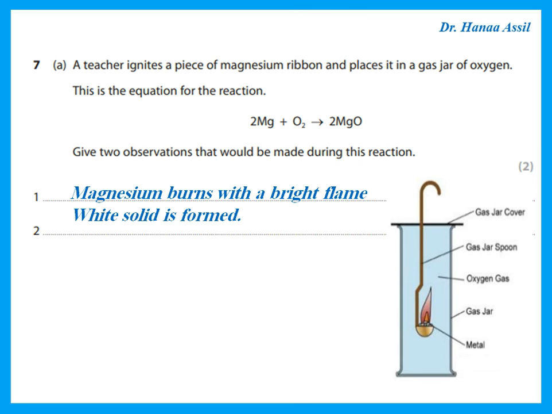And then it forms magnesium oxide, and you should know that magnesium oxide is a white solid, or we refer to it as white ash. So we say a white solid is formed. These are the observations, and please remember, observations mean what we see. So magnesium burns with a bright flame and a white solid is formed.